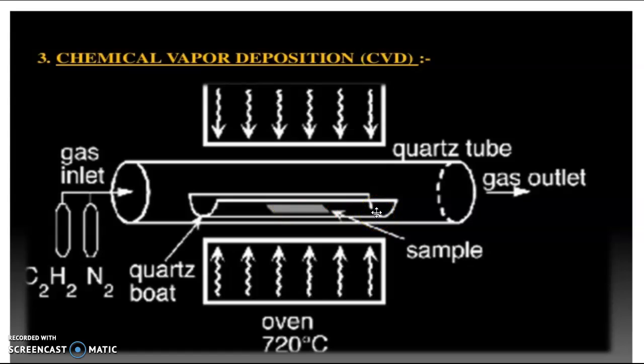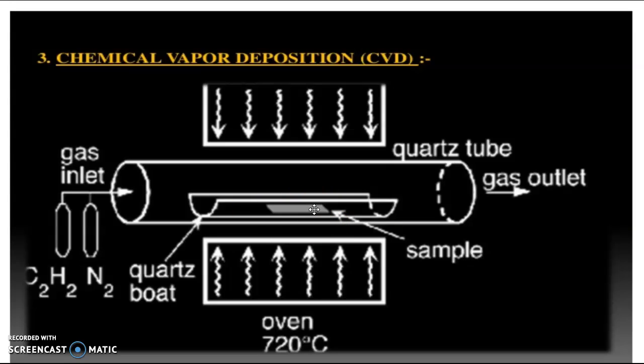We are using a quartz material because it can withstand very high temperatures. Hence we are using quartz material, and this apparatus is kept inside an oven which is maintained at 720 degrees Celsius, and a sample is placed on the quartz board.